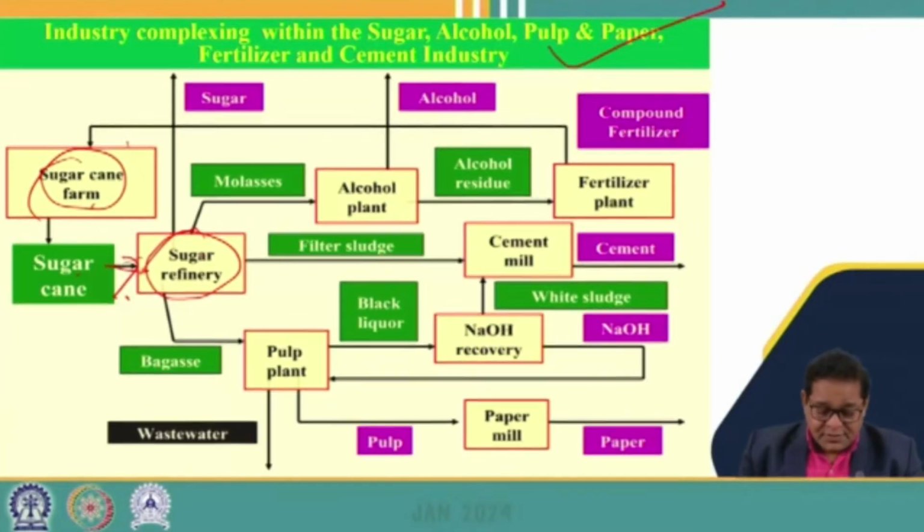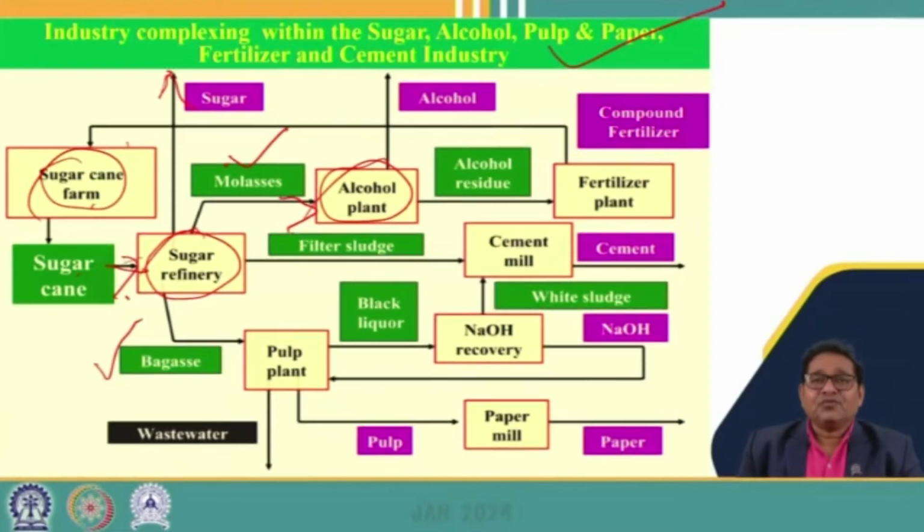They generate sugar after processing this sugar cane, and this results in bagasse as a waste. Another byproduct, molasses, is used as a raw material, where it is fermented to produce alcohol.